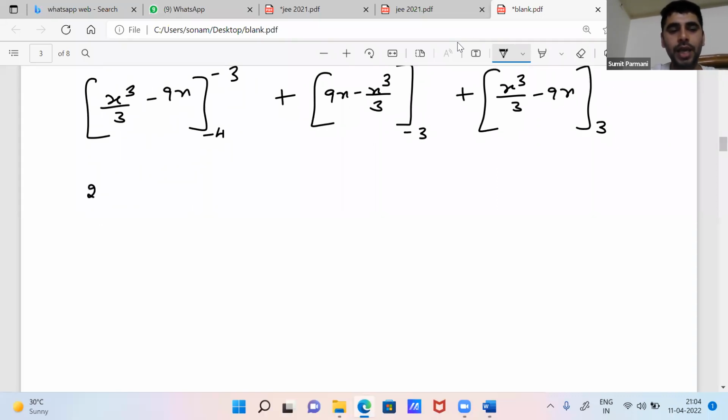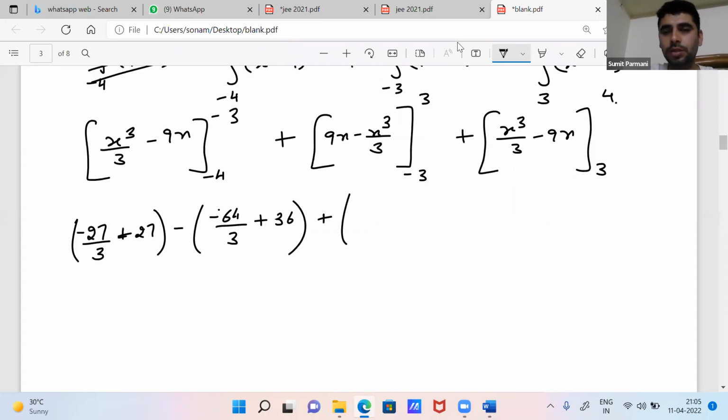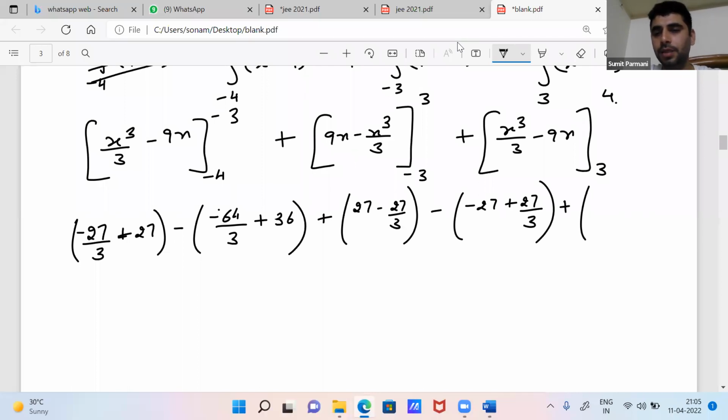So it is 27/3 plus 27 minus, minus 27/3 minus 64/3 plus 36, plus the second part: 27 minus 27/3 minus 27 plus 27/3, plus the third part: 64/3 minus 36 minus 27/3 minus 27.